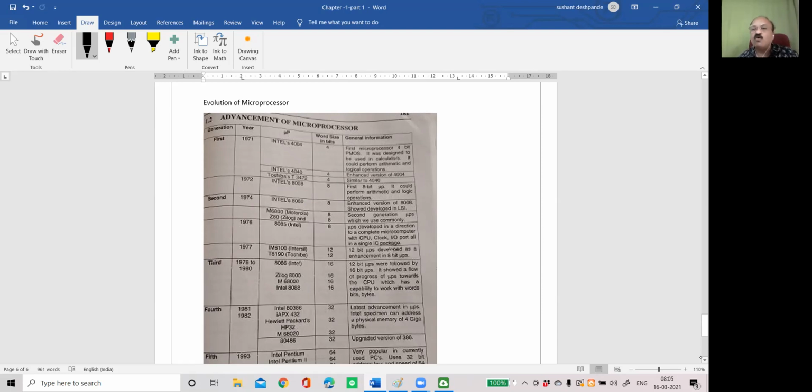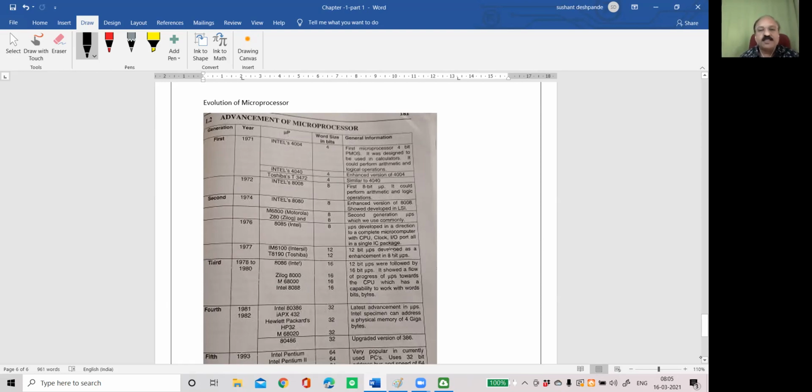Then evolution took place. What do you mean by evolution? The concept will remain the same, only it will be enhanced with speed. So how will the speed be increased? If you make more bits accessible simultaneously, the read cycle will be reduced and the speed will increase.